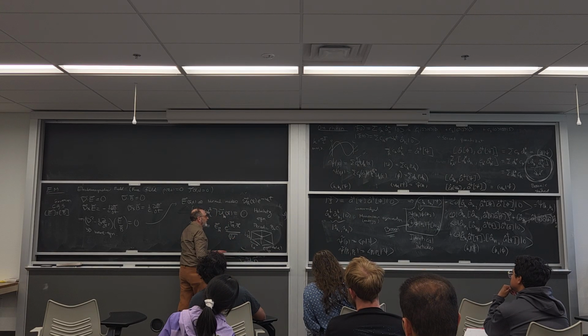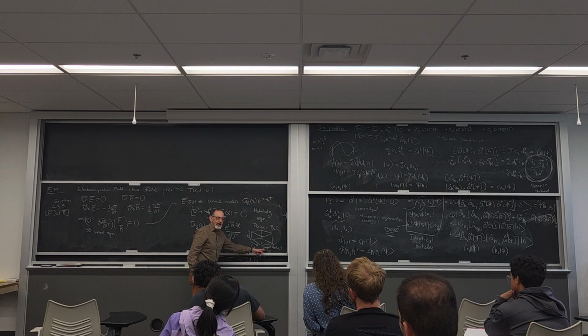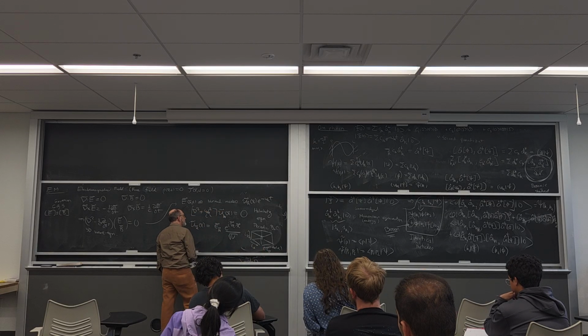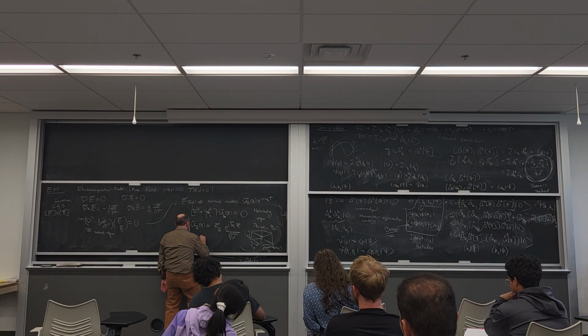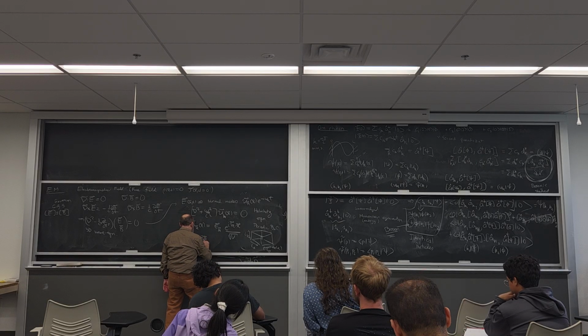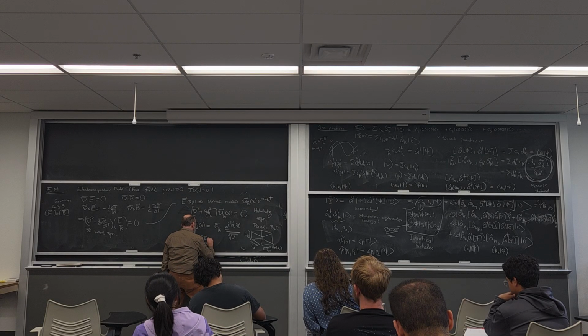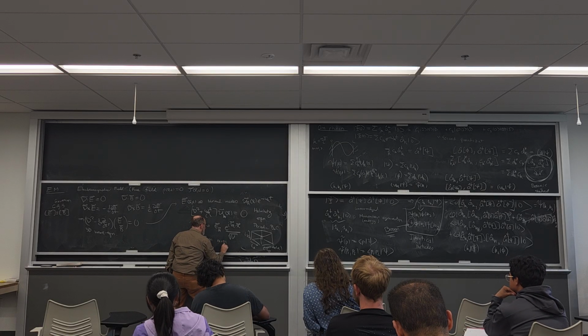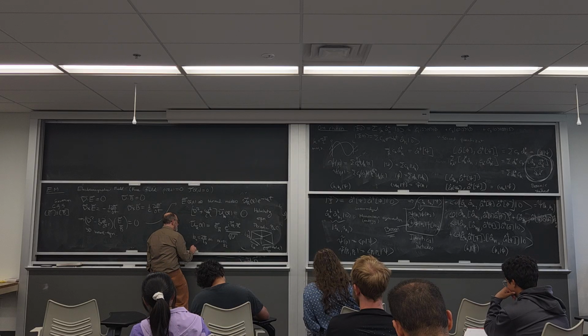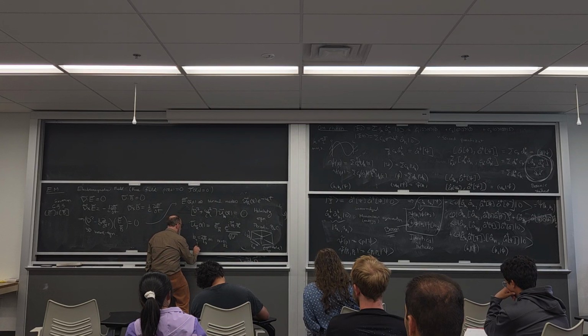So V, the volume, is Lx times Ly times Lz. And I would have kx equal to 2 pi over Lx times some index m being plus or minus 1, plus or minus 2, dot, dot, dot, and similarly for y and z.